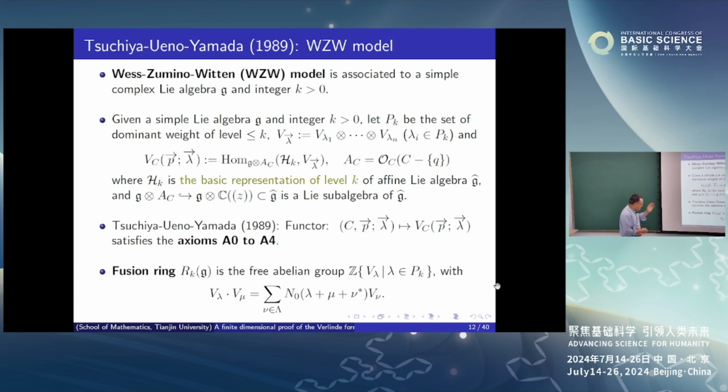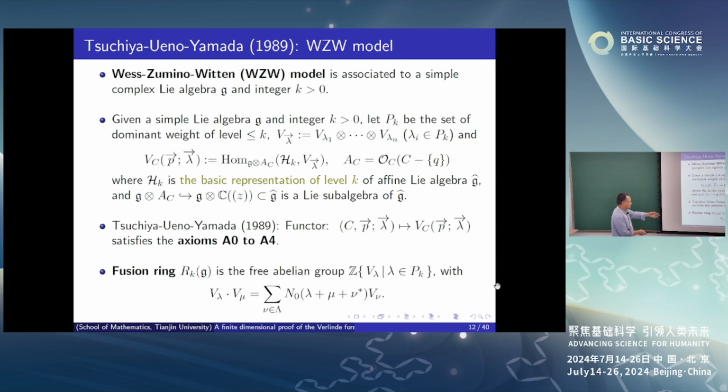Okay, in particular, in this example, the fusion ring is the free abelian group of the irreducible representations. P_k is the set of dominant weights of level k.